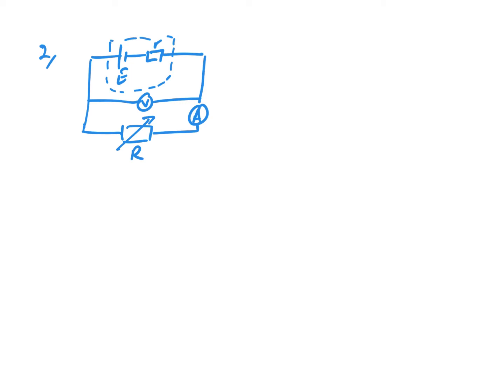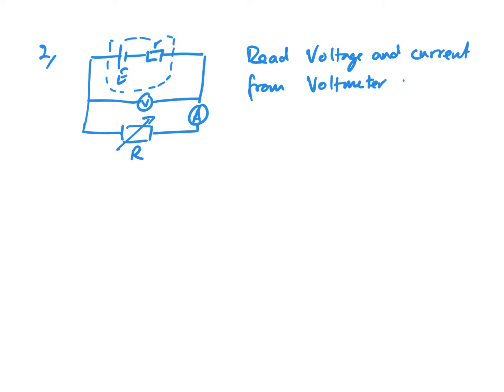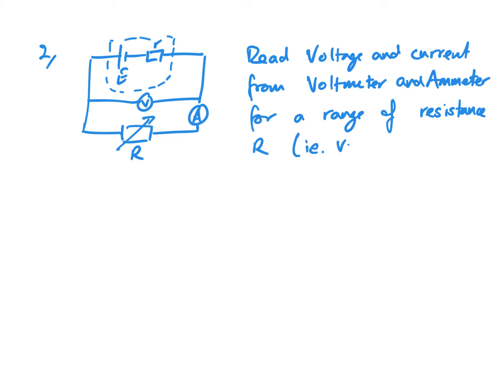And then read the voltage and current from voltmeter and ammeter for a range of resistance R, i.e. the variable resistor.